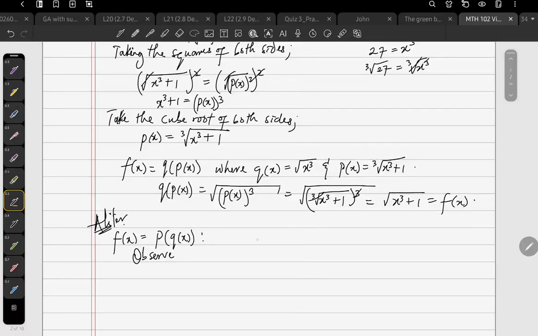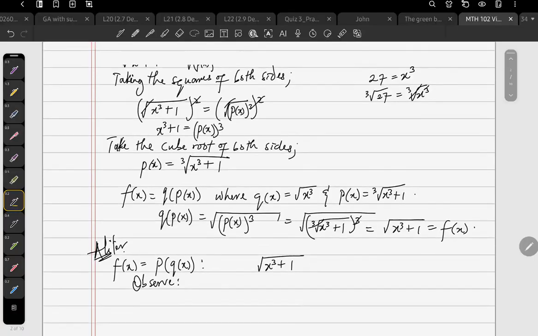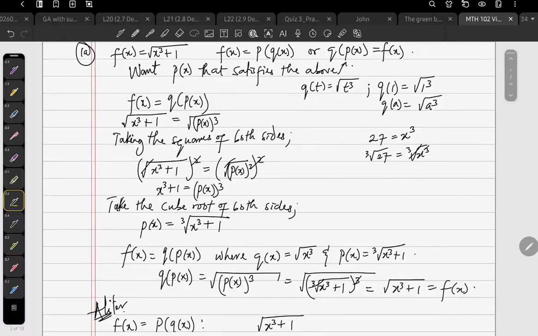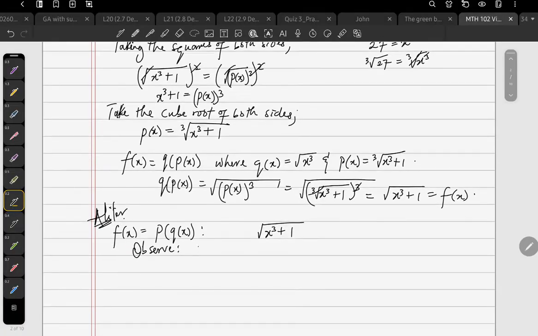we want to get the square root of x cubed plus 1. And we know that if we take q of x and we square it, that will give us x cubed.